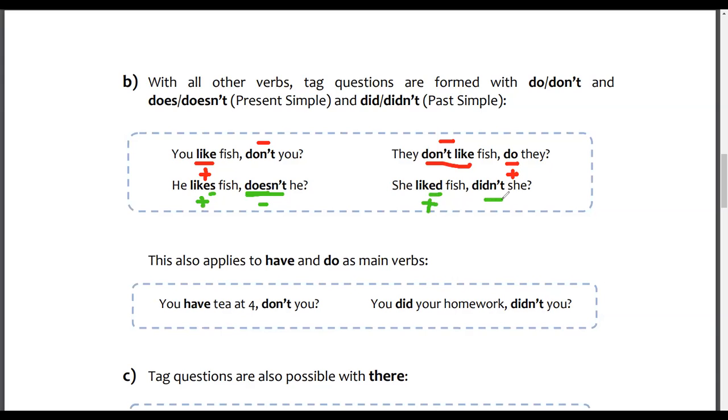Positive, negative. We're using this personal pronoun, and we also need to use the same one, okay?